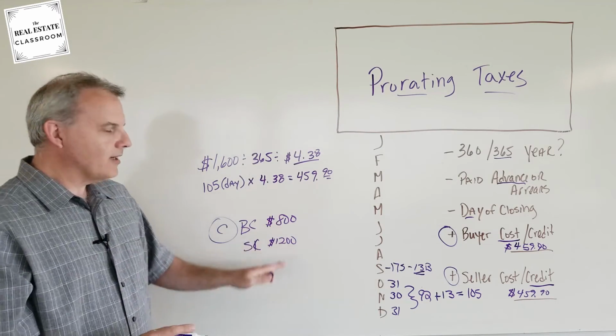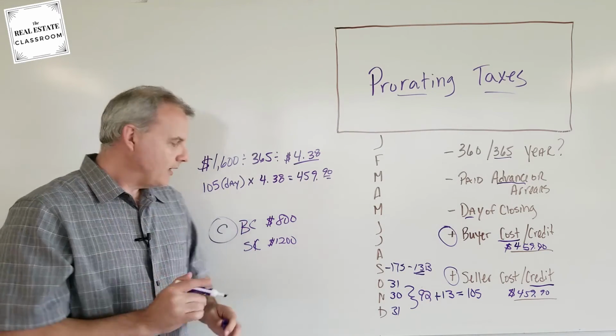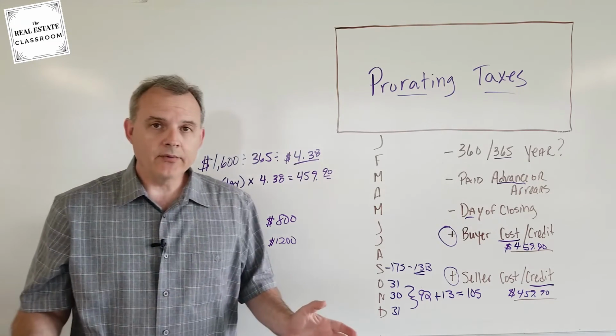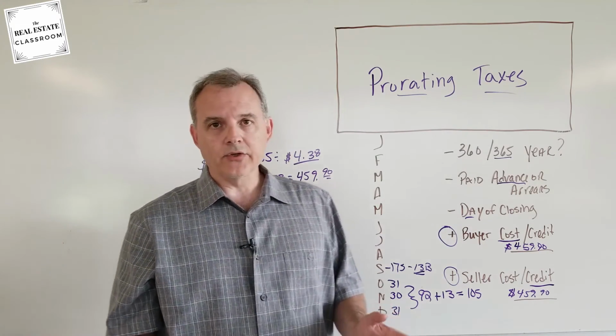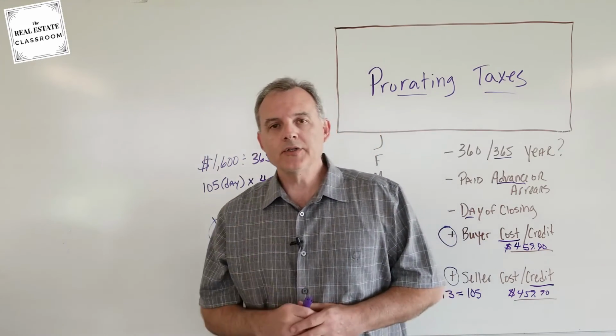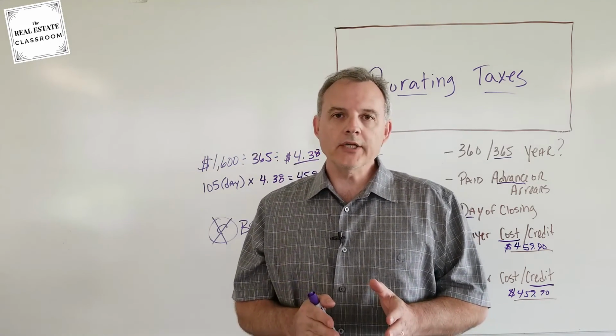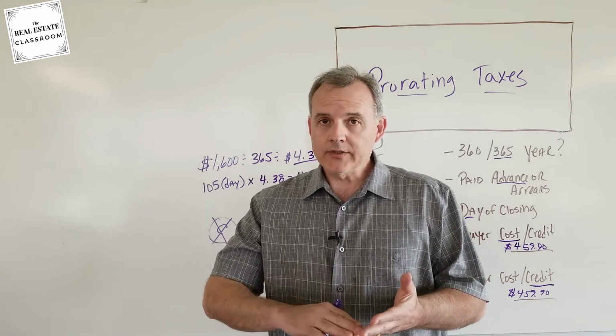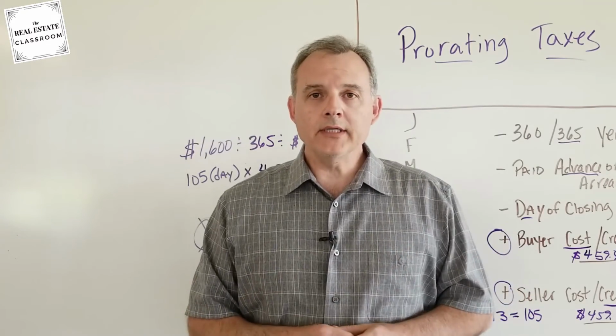Notice that these two numeric values are different. That should tell you automatically that C is not even in the running as a correct answer, so you can eliminate that one just by that. But that's only true on proration problems that are prorating taxes and rents. All right, and that's how we prorate taxes.